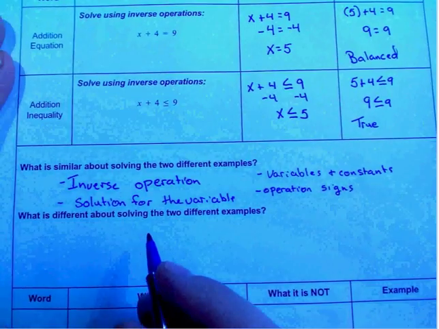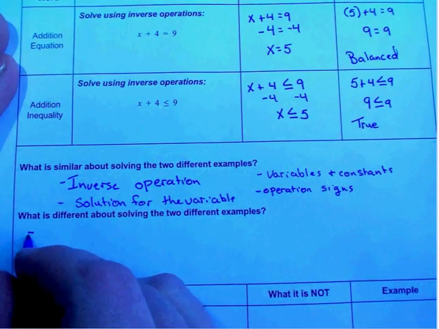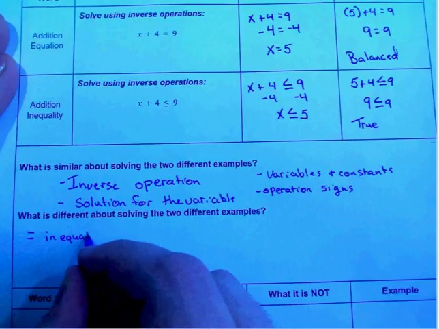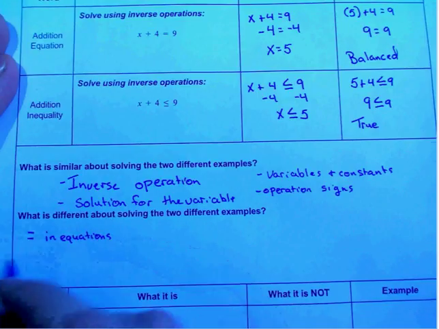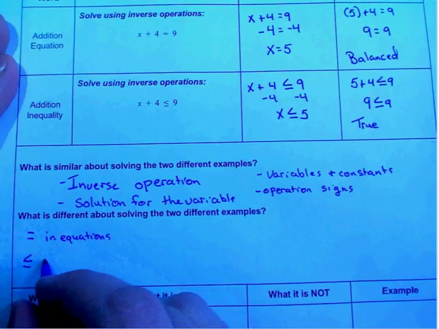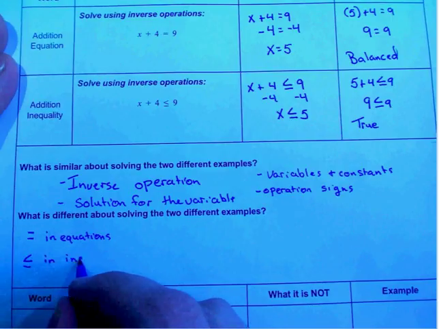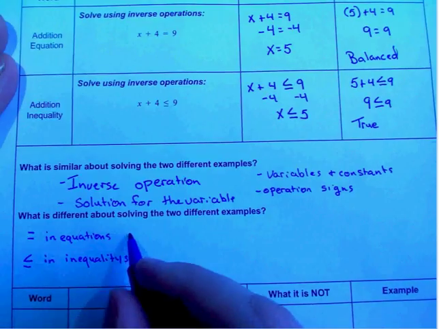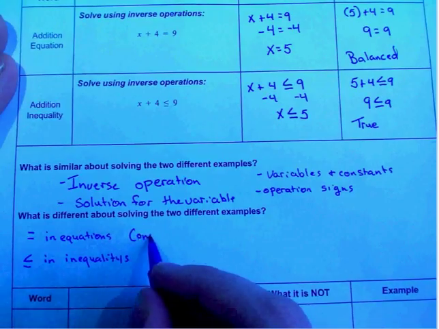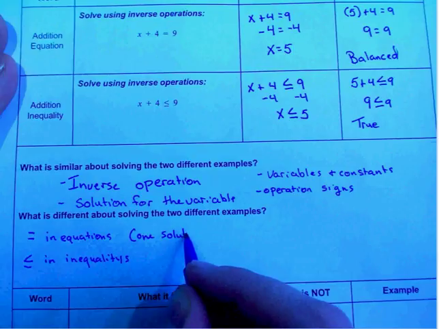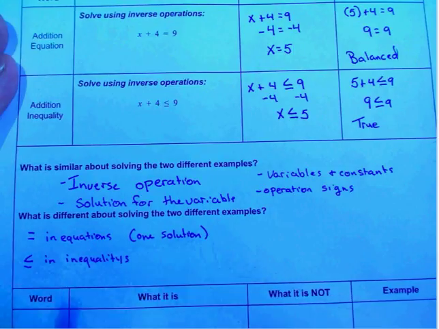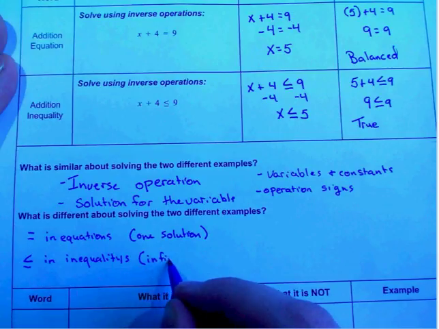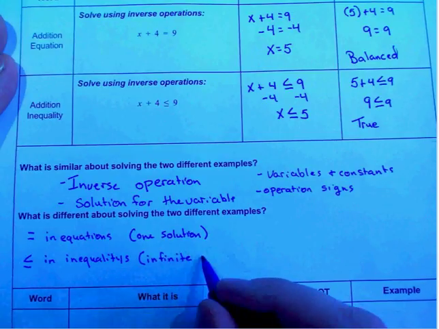The big difference is you're going to have an equal sign in equations, an inequality sign in inequalities. And what that means is our equal sign is one solution, whereas in our inequalities is an infinite number of solutions.